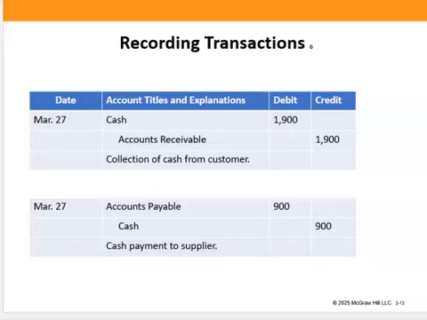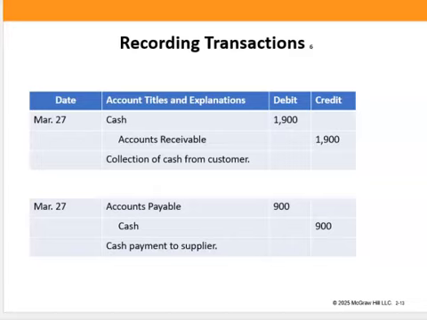up. But then also on March 27th, we paid a supplier. Okay, because of accounts payable, we owed the supplier. So it was sitting as a liability in our liabilities accounts payable account.